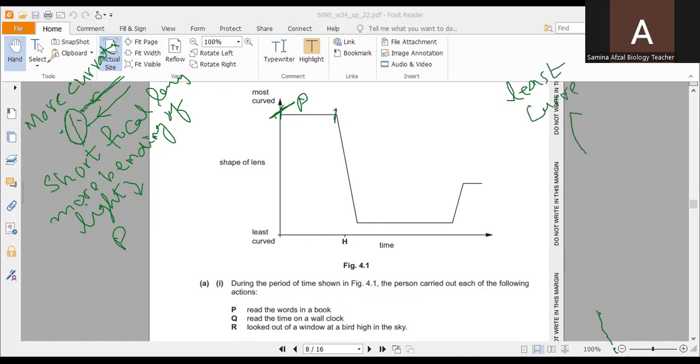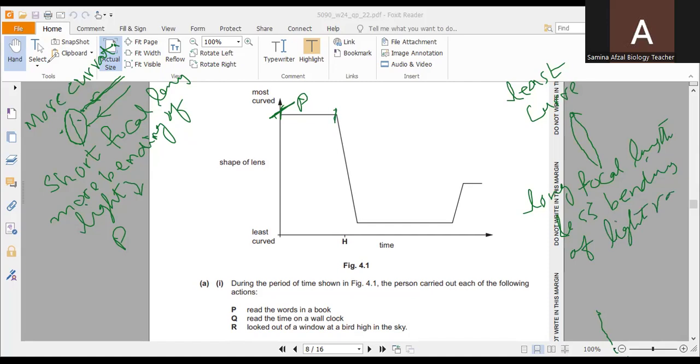In this way, the lens will become very flat. When it is very flat, it means the rays of light are coming from a large distance. It will become flatter, there will be long focal length and less bending of light rays.